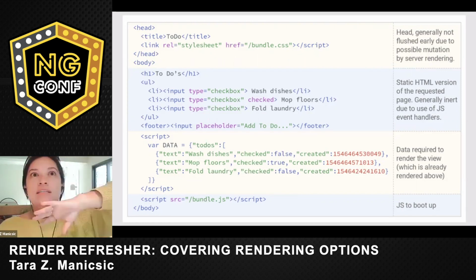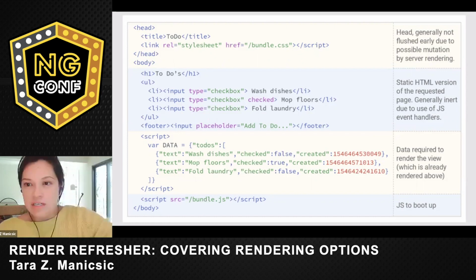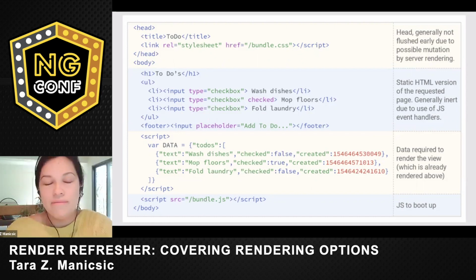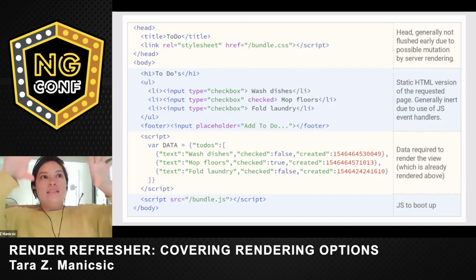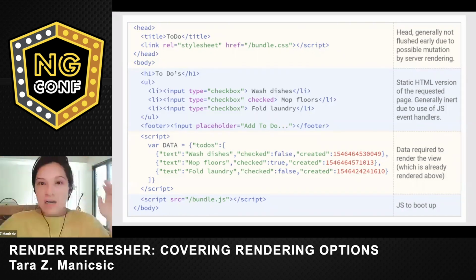And again, it's not flushed early due to the possible mutation by the server rendering. And then that section in there, that first part is the body that you see with the headers and content that you would see on the page. That's that static HTML of the page that was requested. And so it's usually not moving due to the use of JavaScript event handlers.